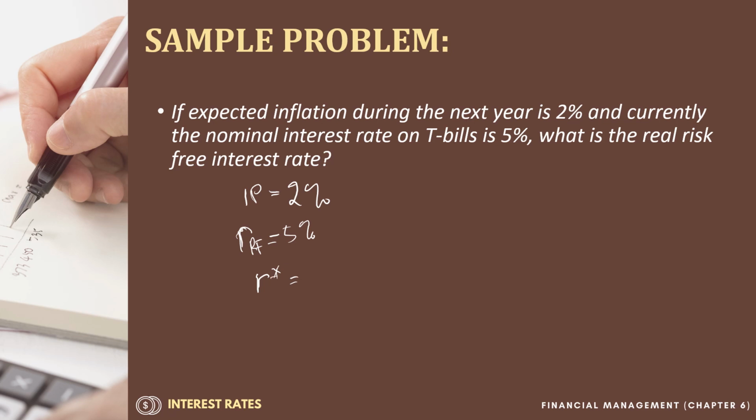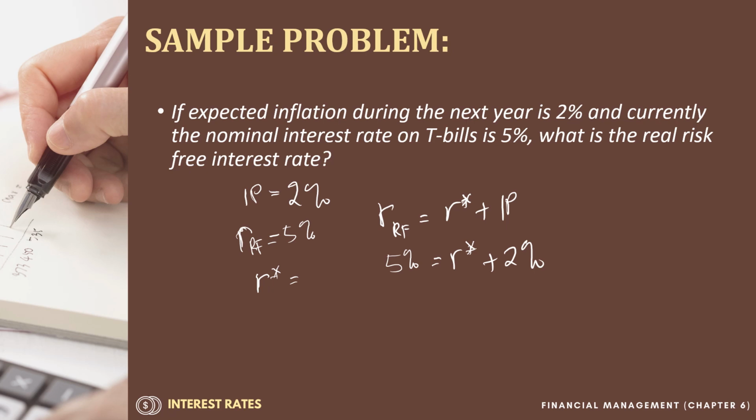So again, since we already know the equation for the risk-free rate, that is RF is equal to real risk-free rate plus the inflation premium. So since the risk-free rate here is already given, that is 5%, and then R, that is what we're looking for, and then the IP here is 2%.